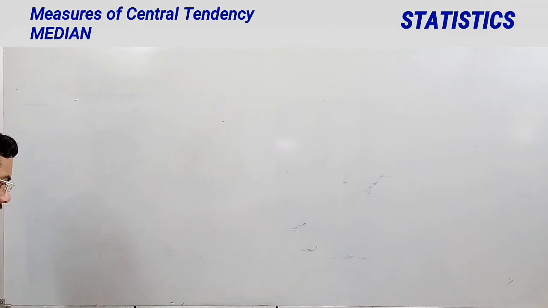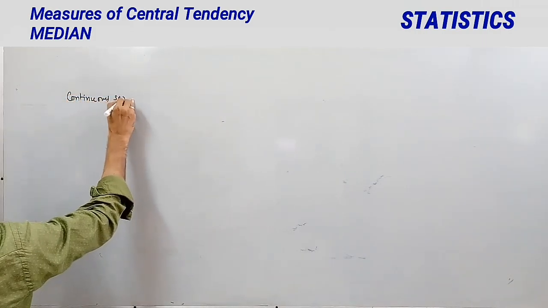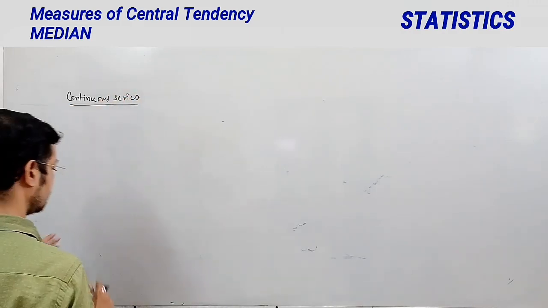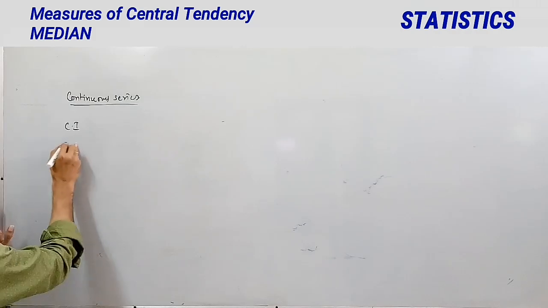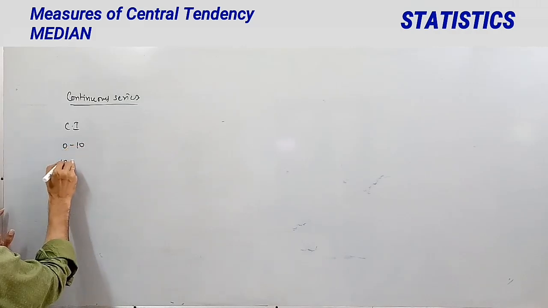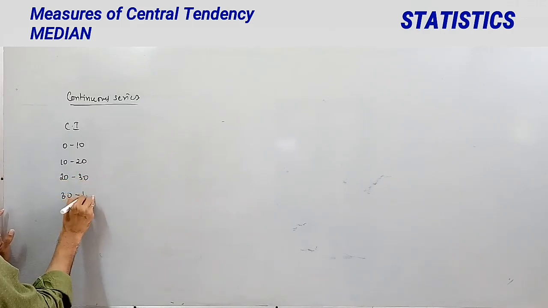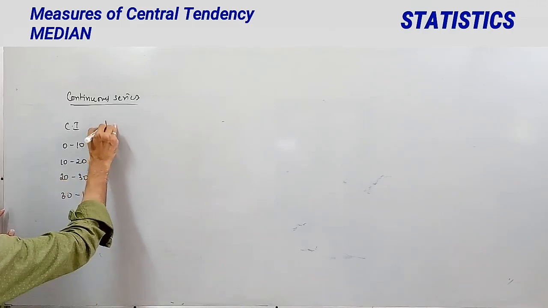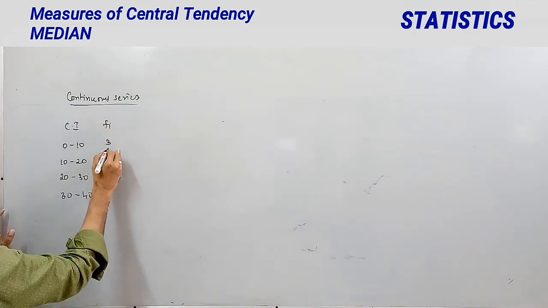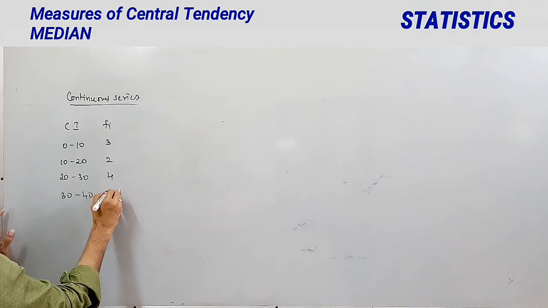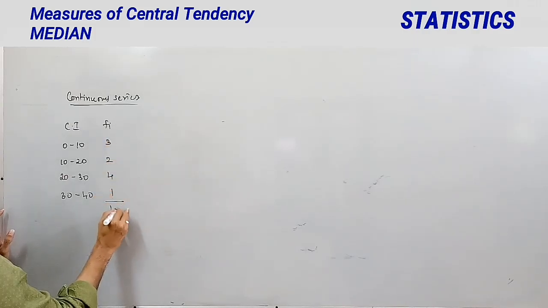Example for a continuous series. Let us consider class intervals as 0 to 10, 10 to 20, 20 to 30, 30 to 40. Let me take frequencies fi as 3, 2, 4, 1. What is the total? 3 plus 2 is 5, and this is 5, so the total is 10.